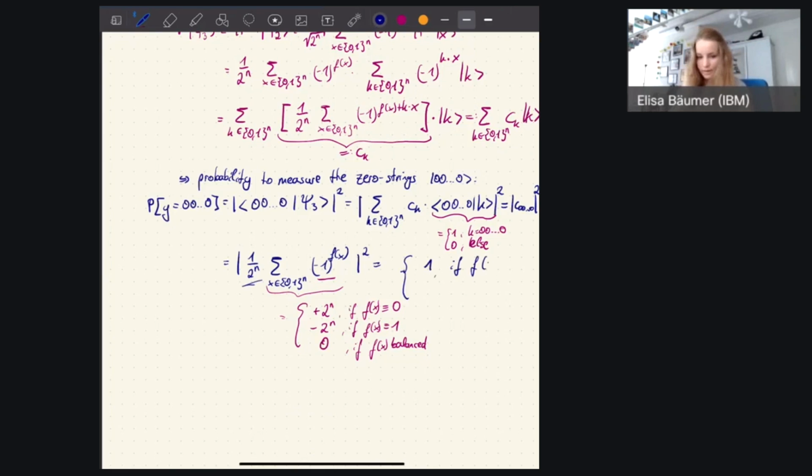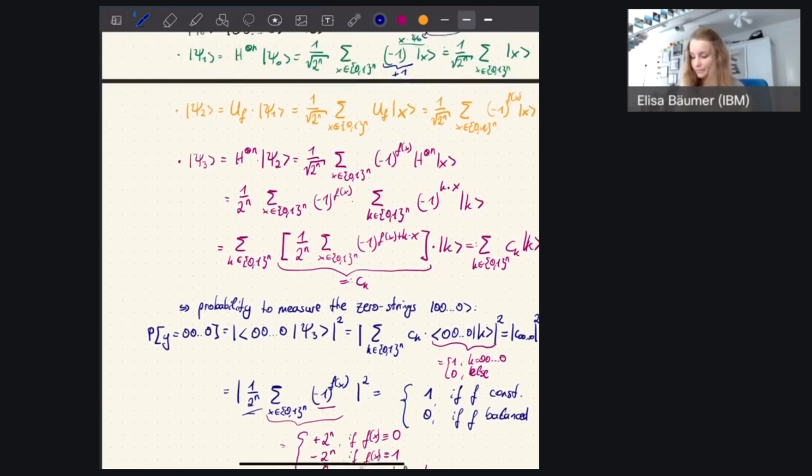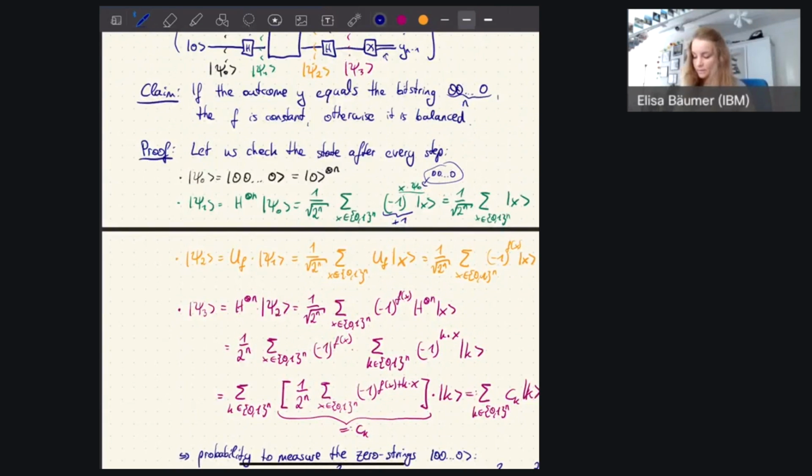Which means now the probability to measure the 0-bit string is 1 if f is constant, and it is 0 if f is balanced. And well, that was exactly the claim. The claim was that we measure exactly the 0-bit string if f is constant, otherwise it is balanced.